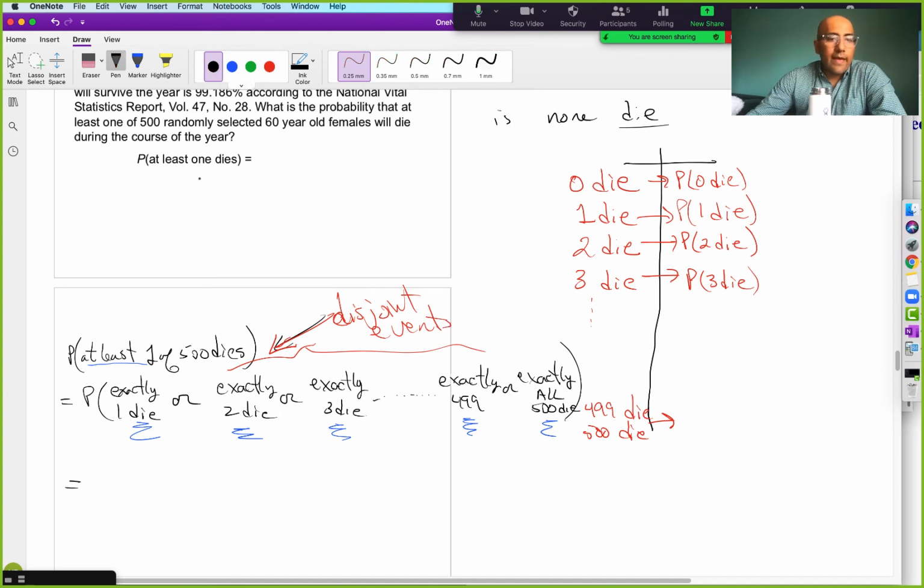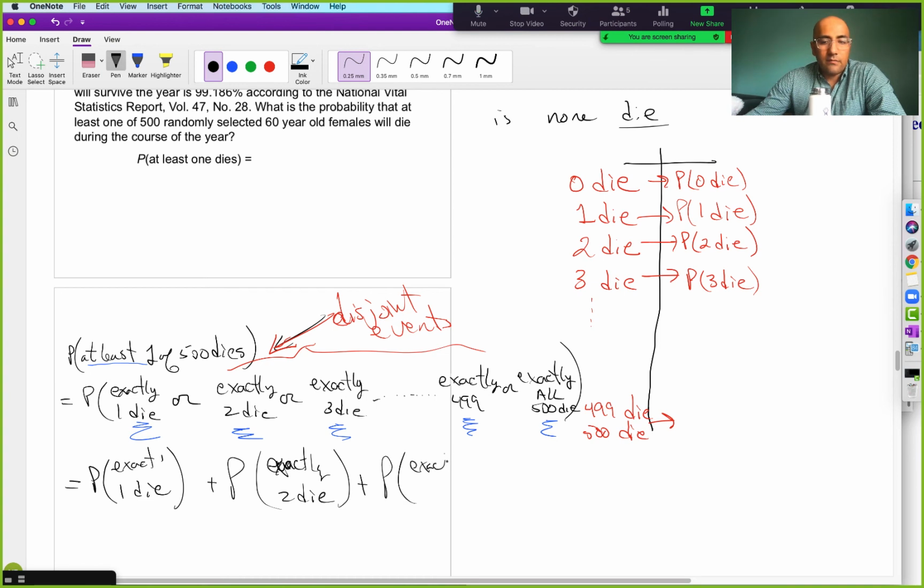Okay, so we know that this probability must be the summation of all these. The probability that exactly 1 died plus the probability that exactly 2 die plus the probability that exactly 3 die plus dot dot dot all the way out to the probability that all 500 die.